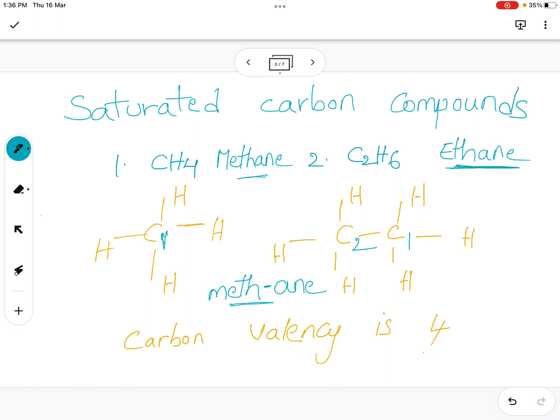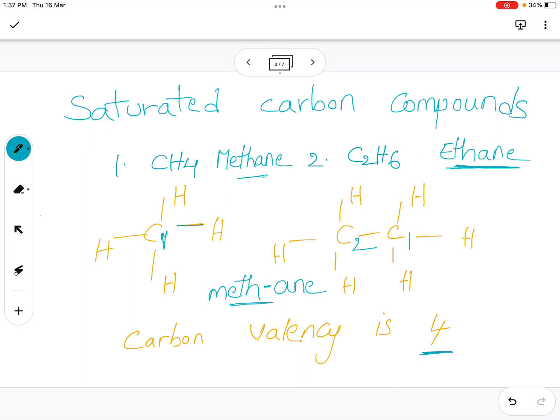We know that carbon valency is 4. Carbon valency 4 means it forms bonds with hydrogen atoms or carbon atoms. How many bonds should it form? Always 4 bonds.